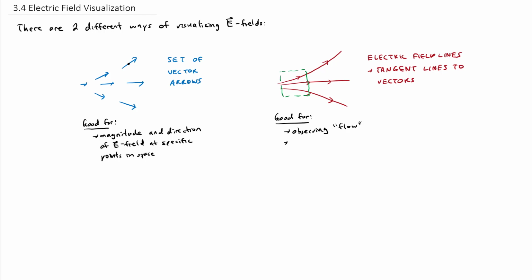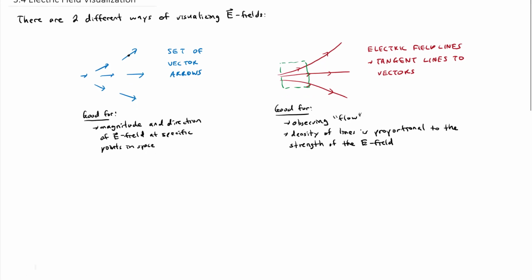So the density of lines is proportional to the strength of the electric field. Those are the two different ways of visualizing these electric fields.